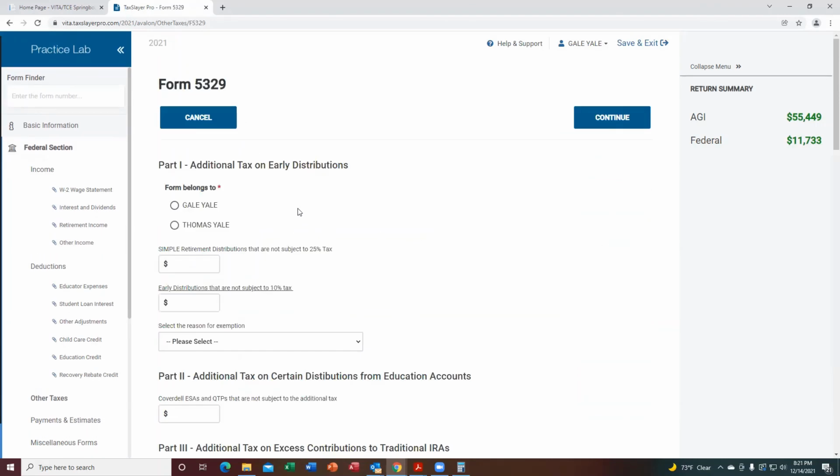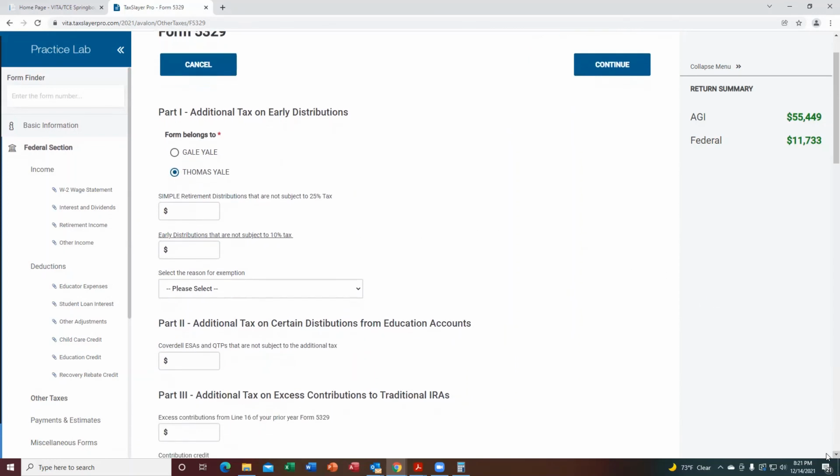And this was for Thomas. The early distribution not subject to the 10% was the $1,000. That was how much will not be subject. And that is from the 1099-R that had a distribution code of 1.